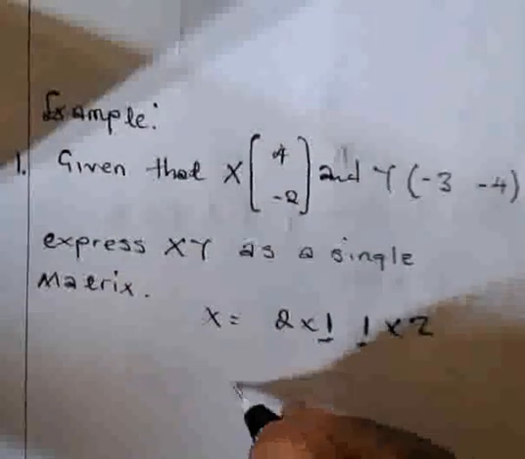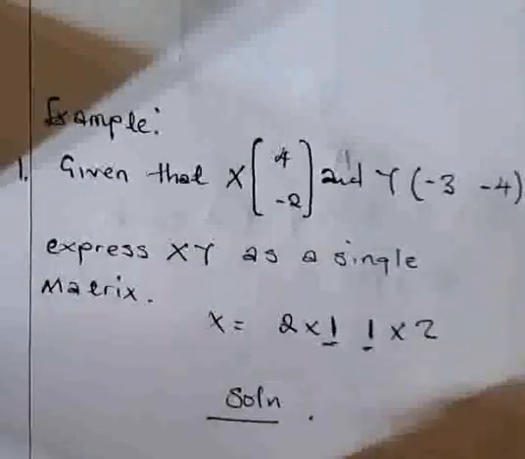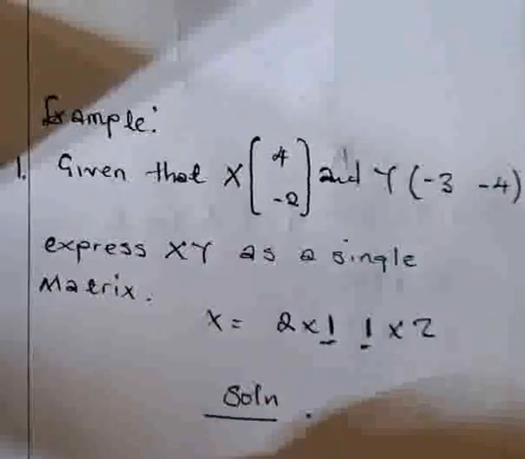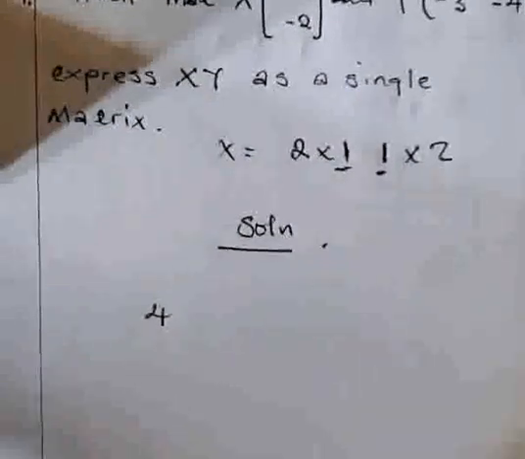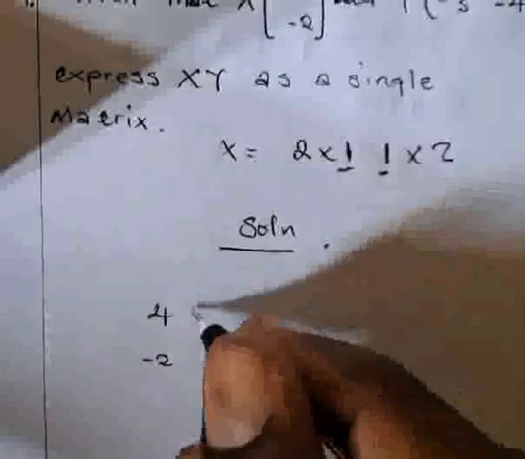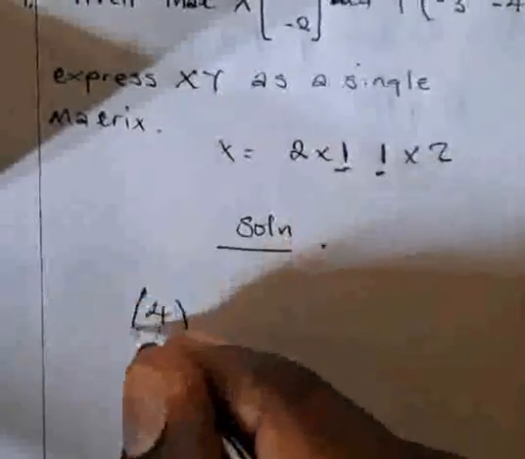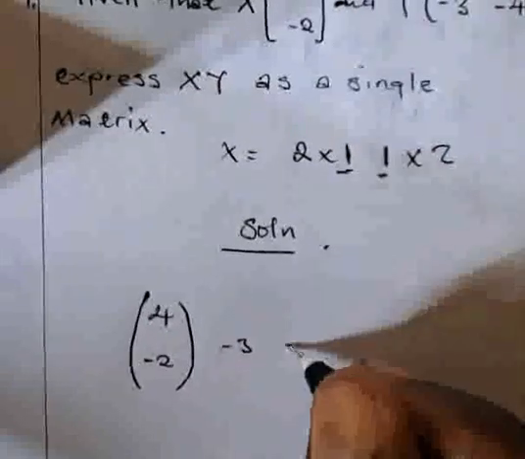All right, so with our solution there, we'll just write them and say, okay, I have 4, then -2, then I have -3, -4.